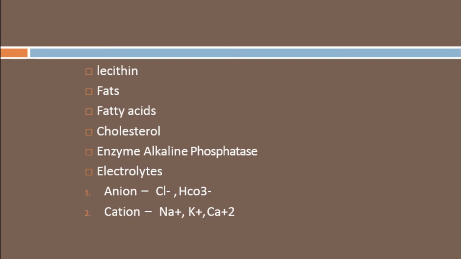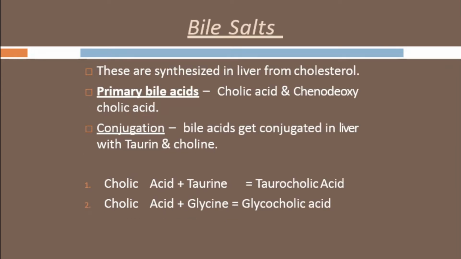The bile salts, which are a major content of the bile, are also synthesized in the liver. Basically, they are synthesized from cholesterol, and there are two kinds of bile acids. Our first one is the primary bile acids. These are cholic acid and chenodeoxycholic acid. These bile acids go through the process of conjugation in the liver with taurine and glycine. If cholic acid gets conjugated with taurine, it forms taurocholic acid.